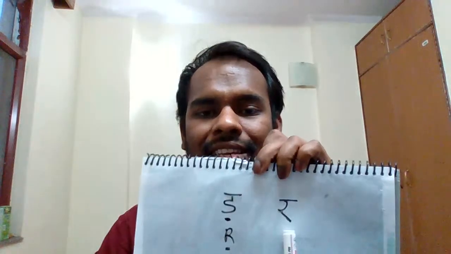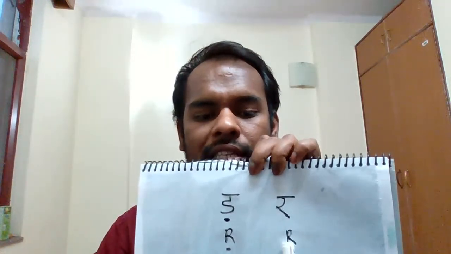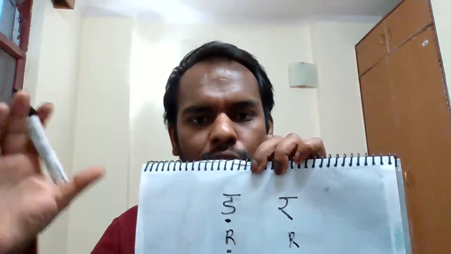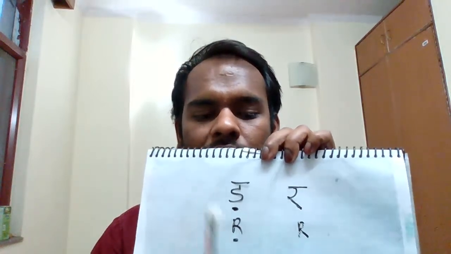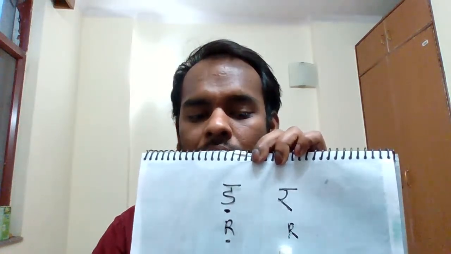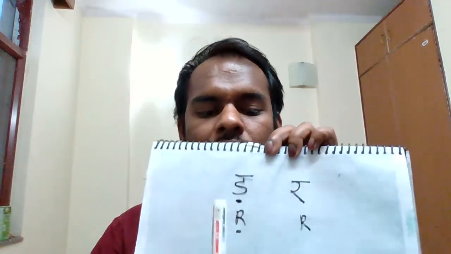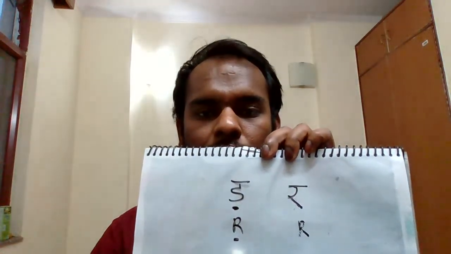Not exactly equal to the English R, but close to that. The second one is Ada. I've been using an R for denoting R and an R with a dot below to denote Ada.